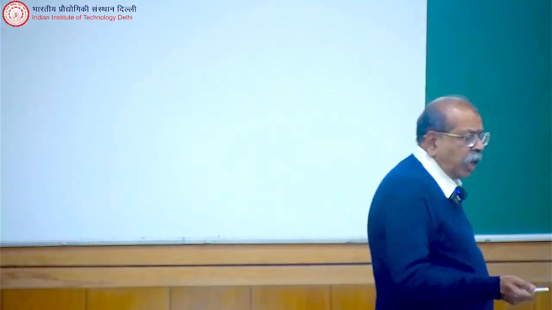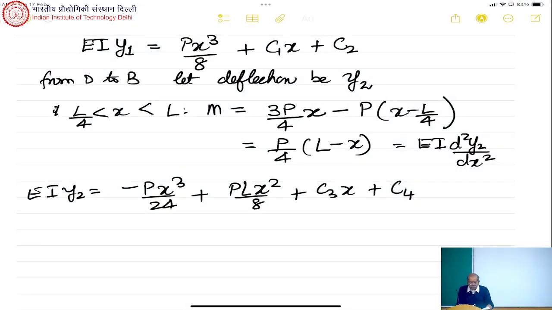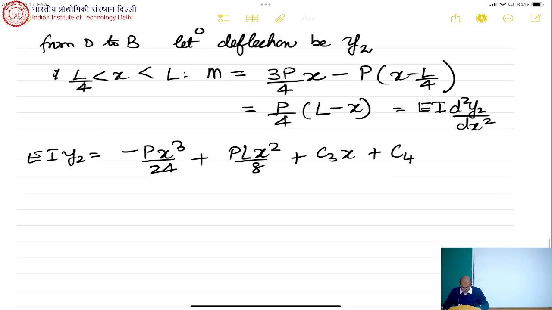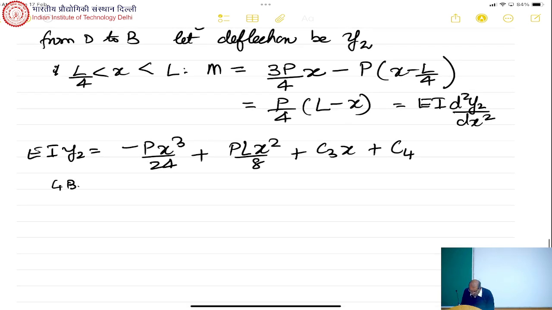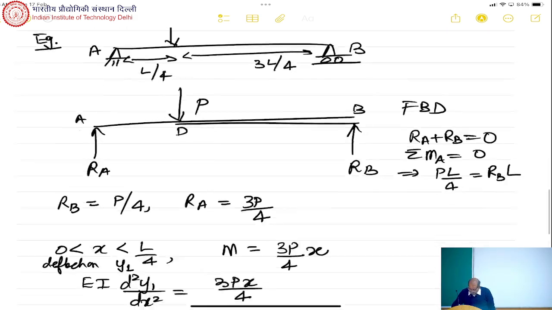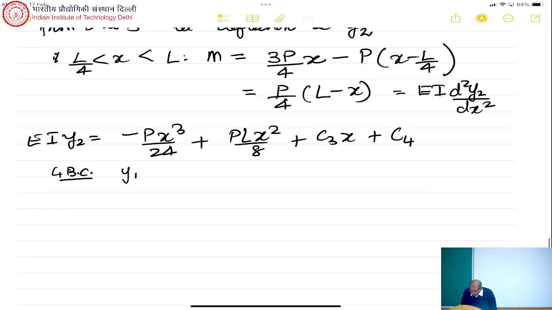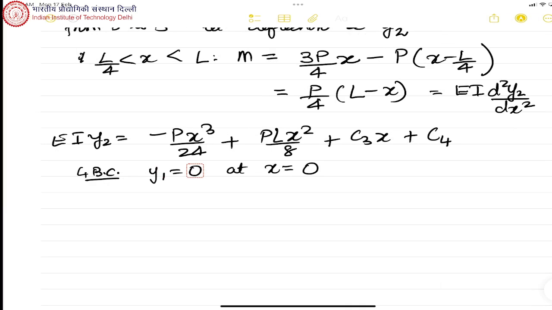Okay. So now we need a total of 4 boundary conditions. To get C1, C2, C3, C4, we will need 4 boundary conditions. What are the 4 boundary conditions? One is y1 is 0 at x is equal to 0. There is no boundary condition on slope here, because it's a reaction, there is no fixed end.